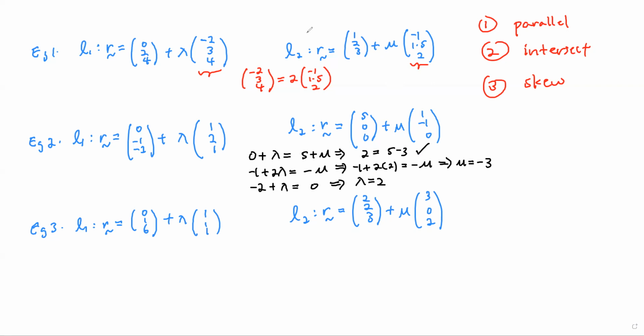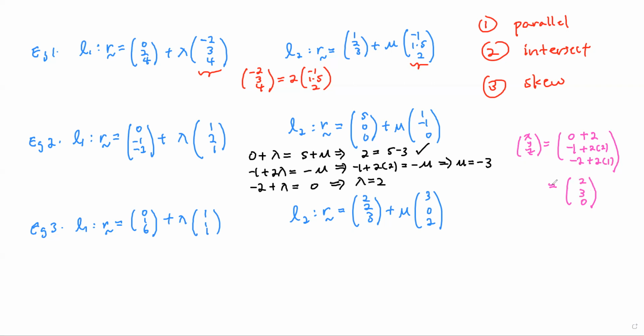So (x, y, z) equals 0 plus 2, negative 1 plus 2 times 2, and negative 2 plus 2 times 1. That is (2, 3, 0).